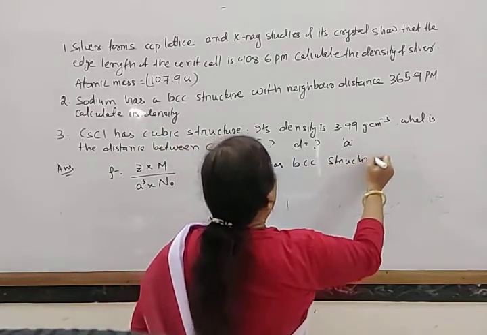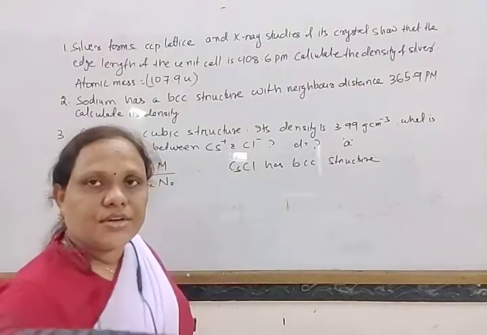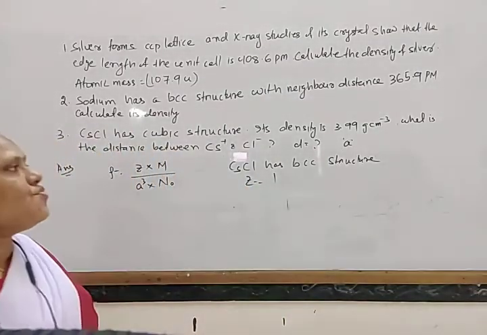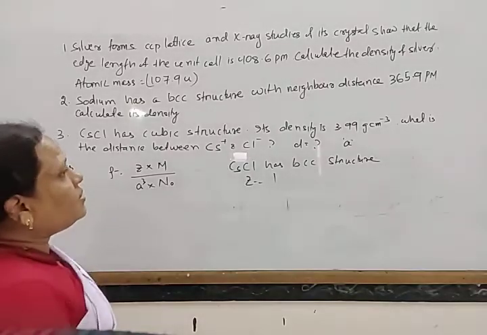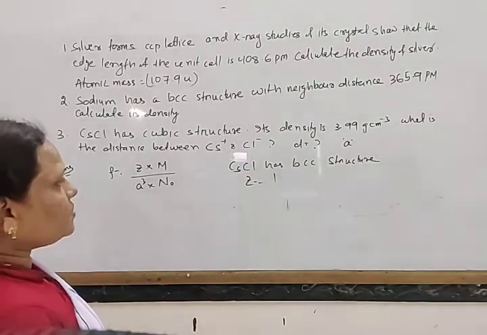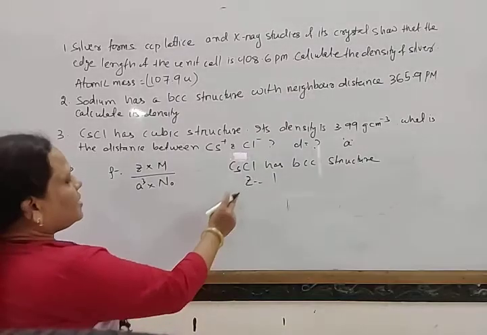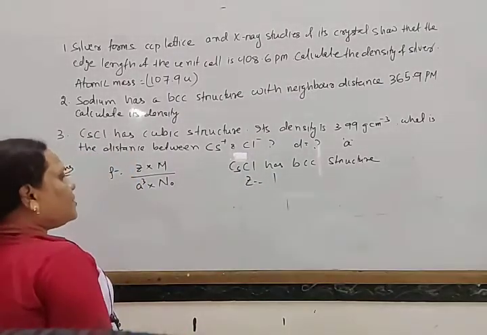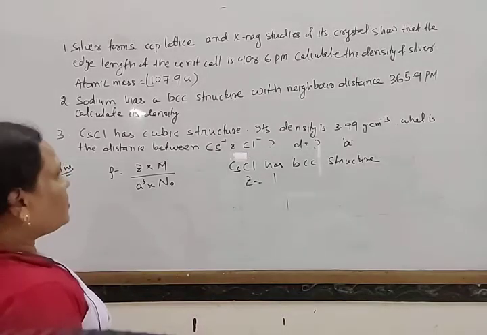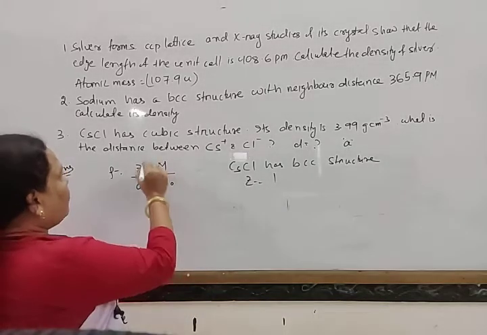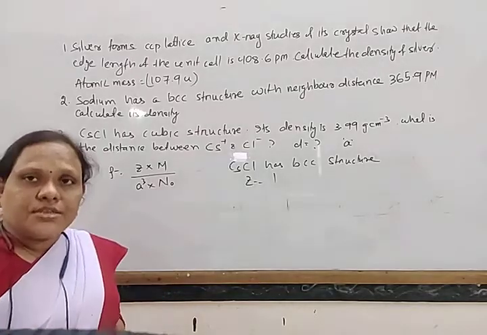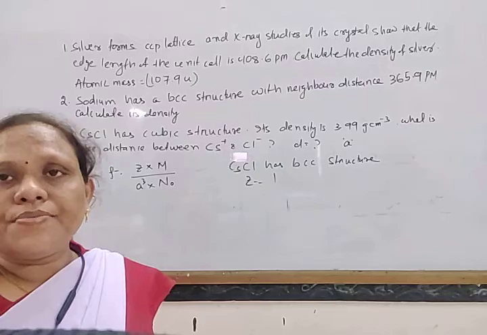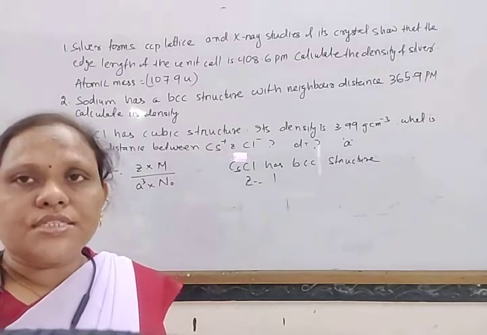As it has body centered cubic structure, the Z value equal to 1. So here first you have to find out the value of M. It is given cesium chloride; from this formula you find out the molecular mass of cesium chloride.